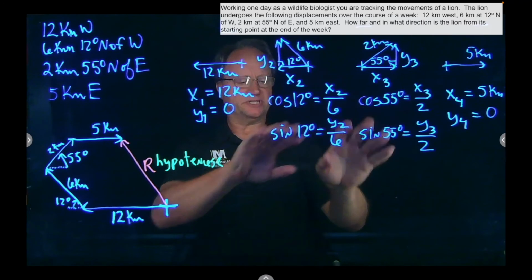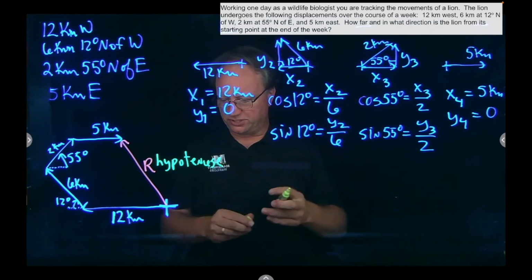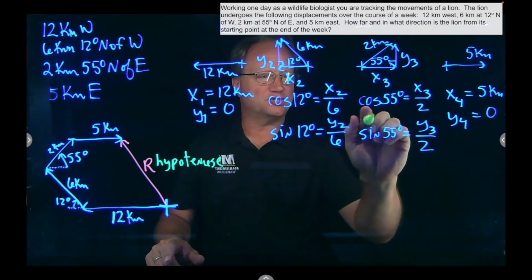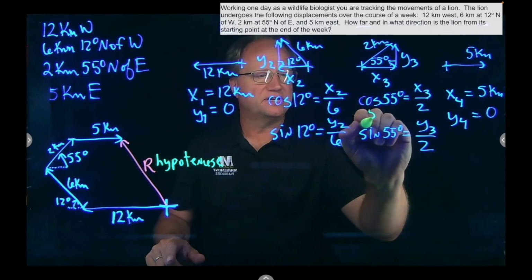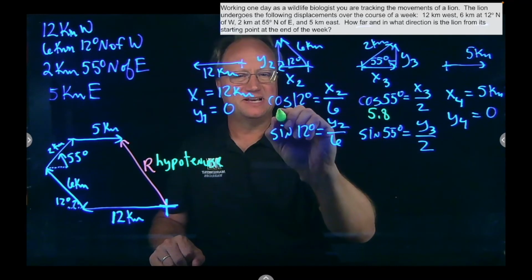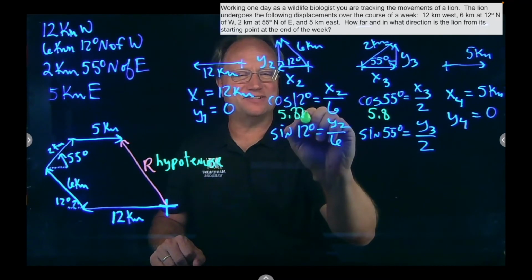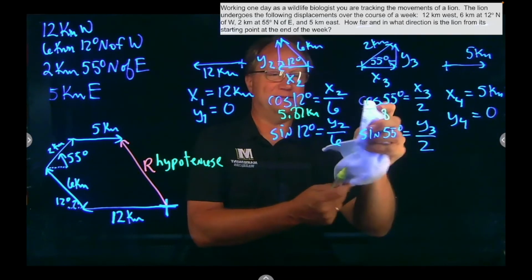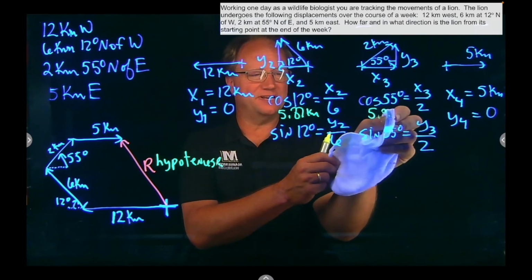So then, doing the calculations on our middle vectors here, for the x we get, and I'm just going to kind of squeeze these in here, 5.87 kilometers on this one. Let me get rid of our 5.8 there.